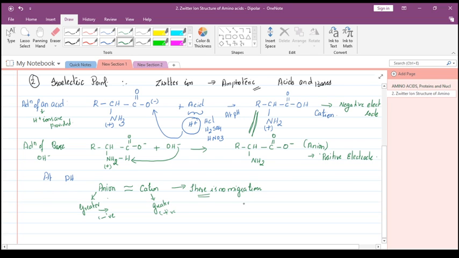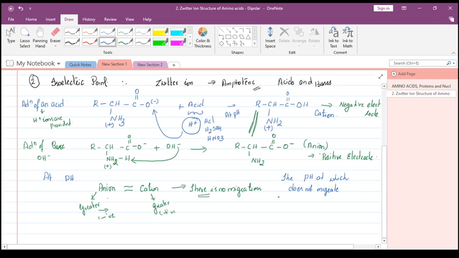So the pH at which an amino acid does not migrate is called the isoelectric point of that amino acid.